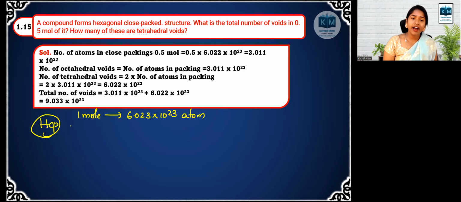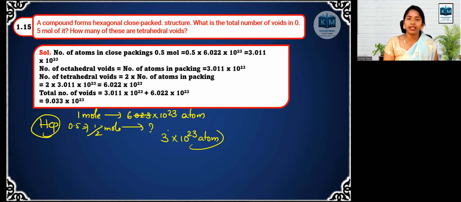So 0.5 mole is half a mole. Half a mole contains half of 6.023, which is around 3 into 10 power of 23 atoms.